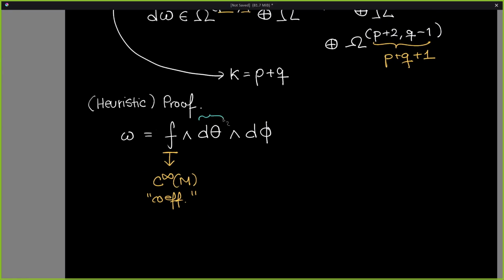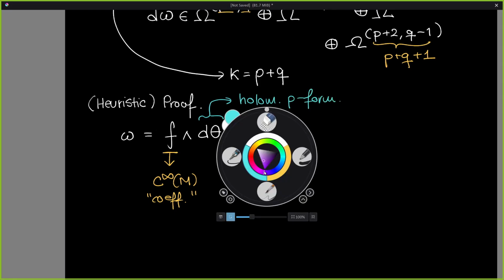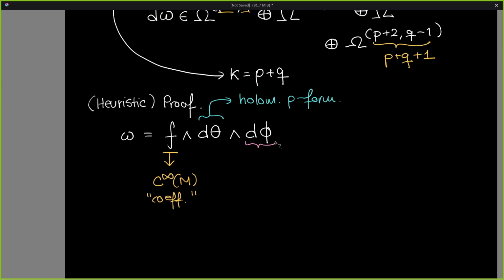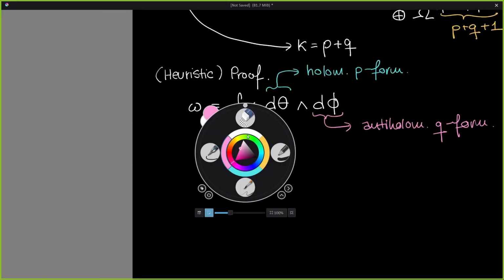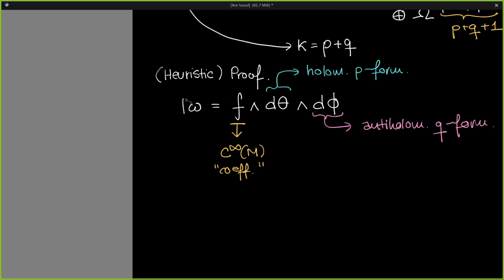So this is a holomorphic P form, and this is an anti-holomorphic Q form, which makes omega overall a PQ form.